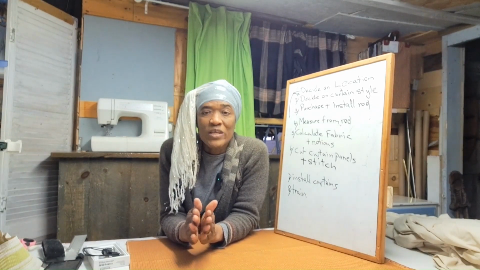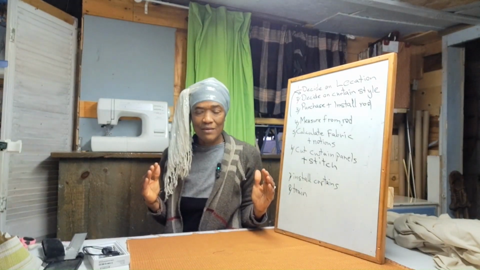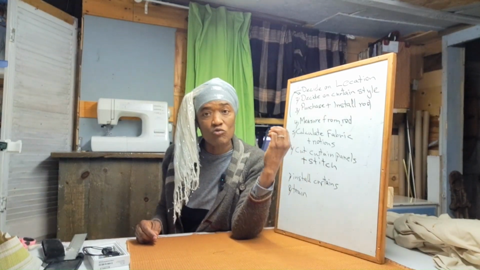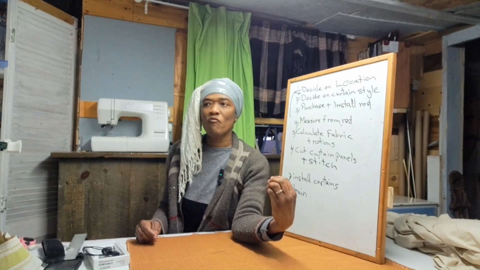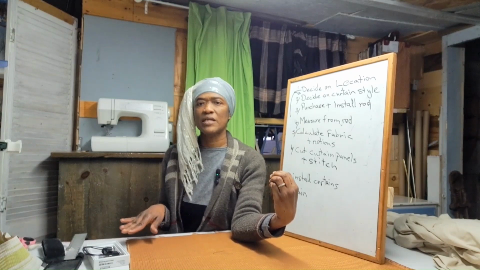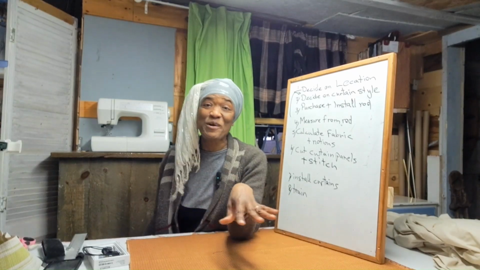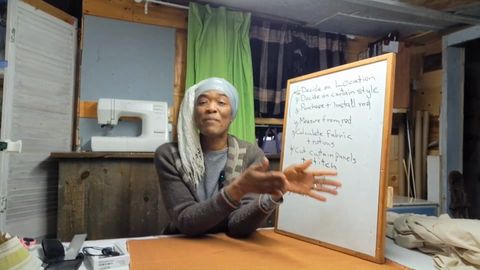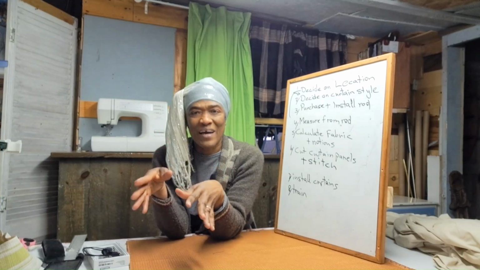The one thing you want to be sure to do is, when you're cutting your panels, make sure you're using the same measurements that you used to calculate how much fabric you would need, because you don't want to measure for an apron length curtain and then you decide, oh, I'm going to go all the way to the floor. No, it's not going to work, because you're going to run short on fabric, right? So you have to use the same measurements that you use for calculations to do the cutting for the panels.